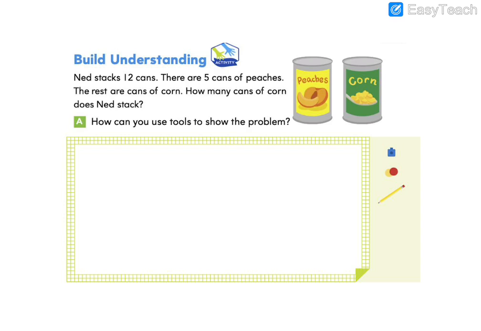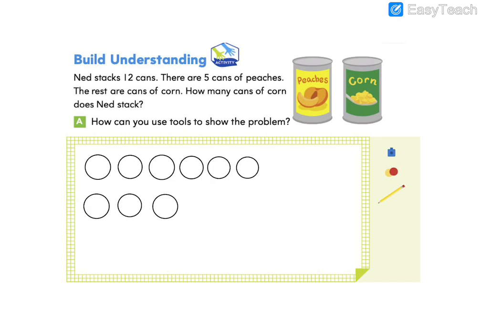So I'm going to think about the fact that Ned has 12 total cans. I'm going to draw those cans using circles. 6, then I'll draw 6 more. And there are my 12 cans. Now, out of these 12 cans, I know that 5 cans are peaches.